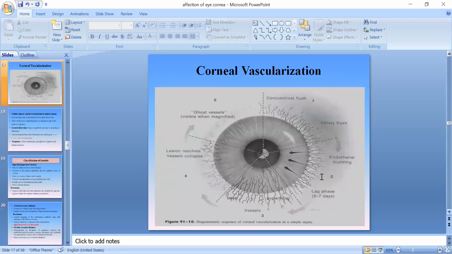So you can see here ghost vessels. Yes, pannus or corneal vascularization is ghost because those vessels are not related to the cornea; they are related to the conjunctiva or ciliary vessels. That's why the term is ghost vessels.